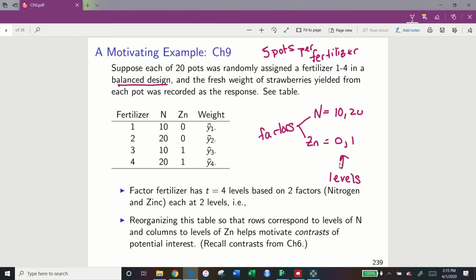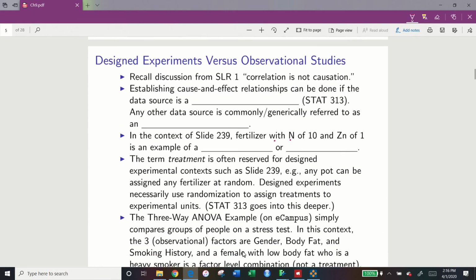Now, reorganizing this table so that the rows correspond to the levels of nitrogen and the columns to the levels of zinc can help motivate contrasts of potential interest. You can remember that we learned contrasts in Chapter 6.